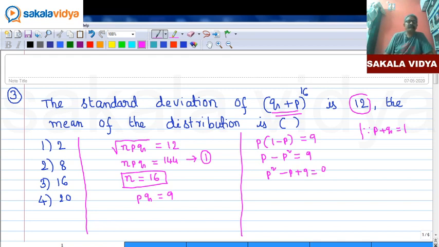Sorry, this question is actually given wrong. Sorry, this is 2. Please consider 2.